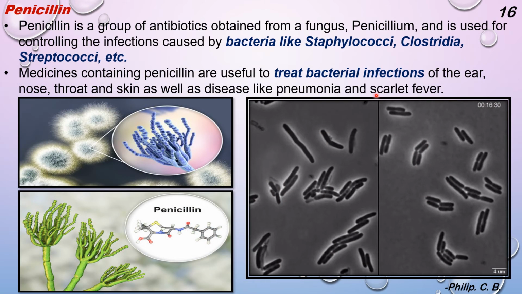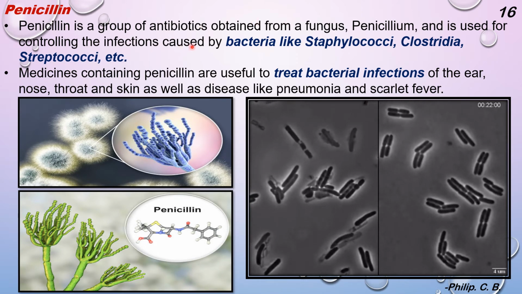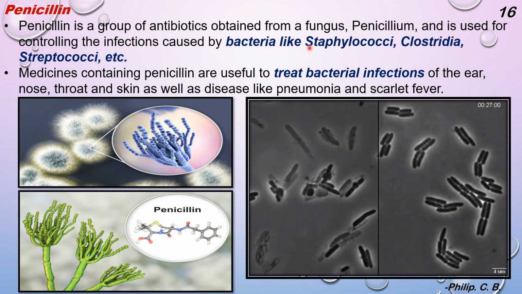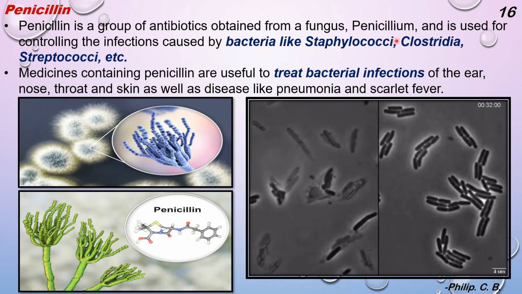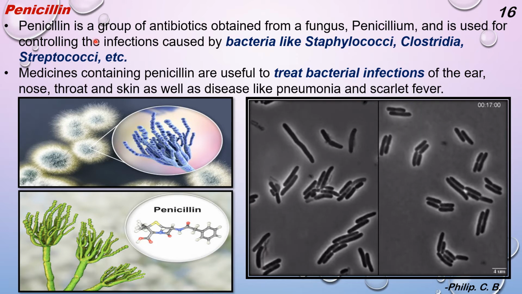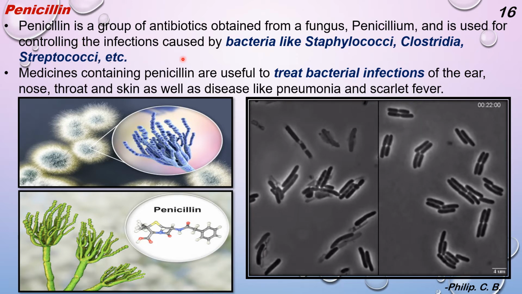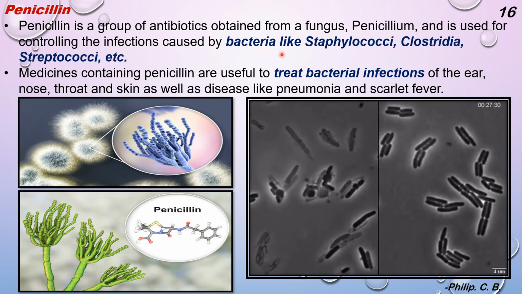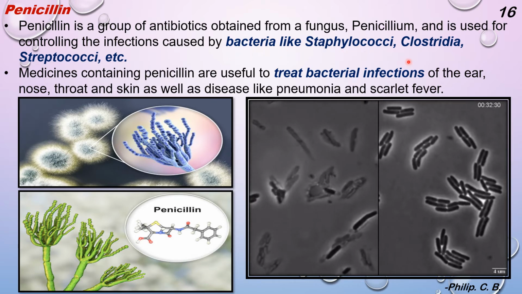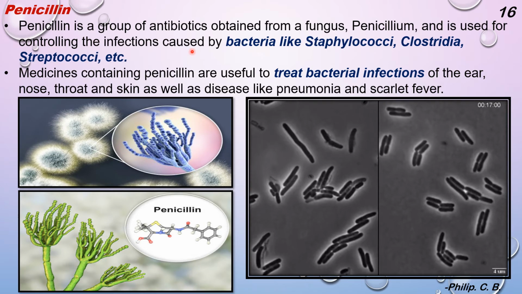Now moving further, penicillin. Penicillin is a group of antibiotics obtained from a fungus, Penicillium, and is used for controlling infections caused by bacteria like Staphylococcus, Clostridia, Streptococci.